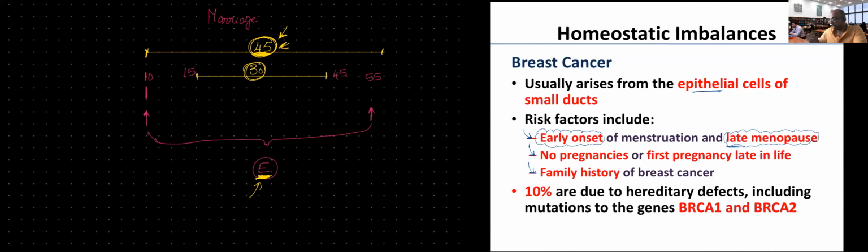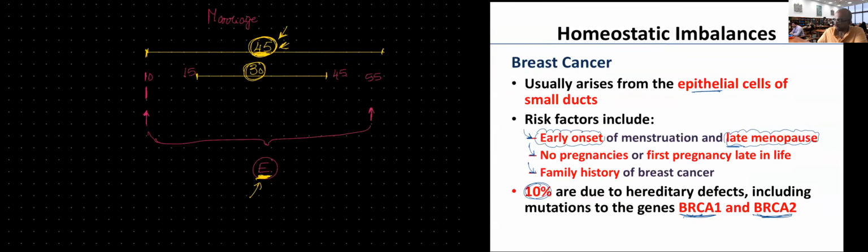All right. Two genes that we were able to identify that are directly related to the development of breast cancers. Those are breast cancer gene 1, breast cancer gene 2, or BRCA1, BRCA2. And those are going to be responsible for around 10% of the number of breast cancers.